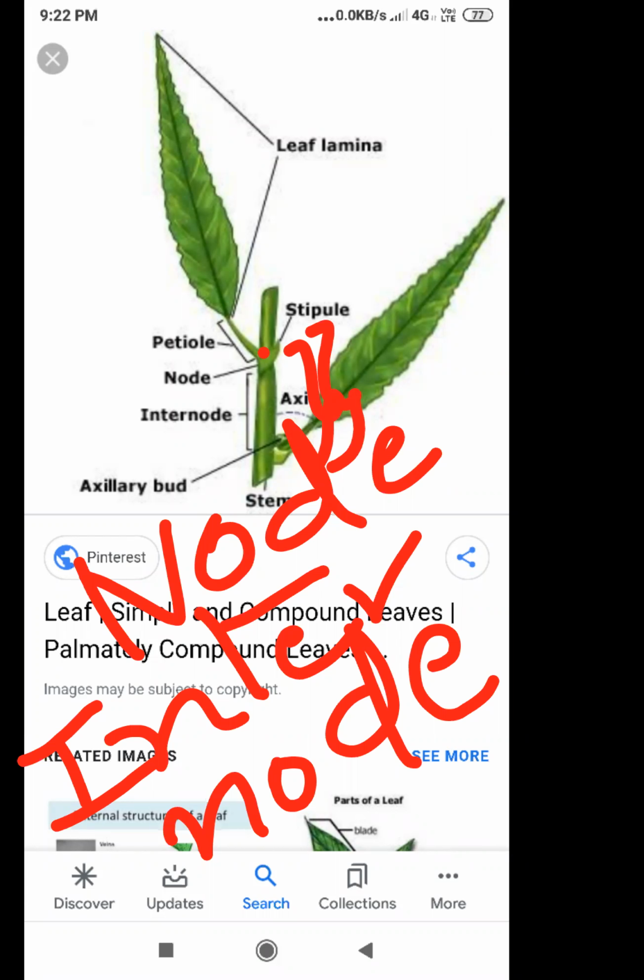So this is about the external structure of the leaf. Now we are going to discuss the internal structure of the leaf.